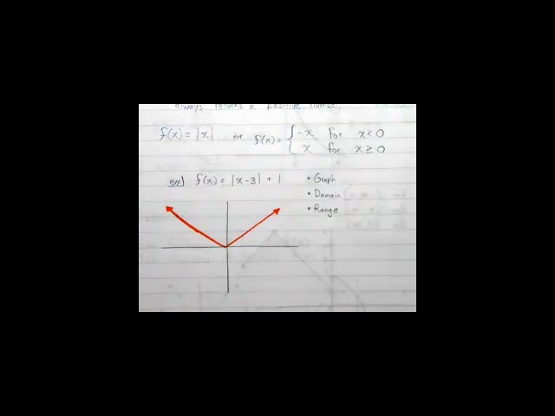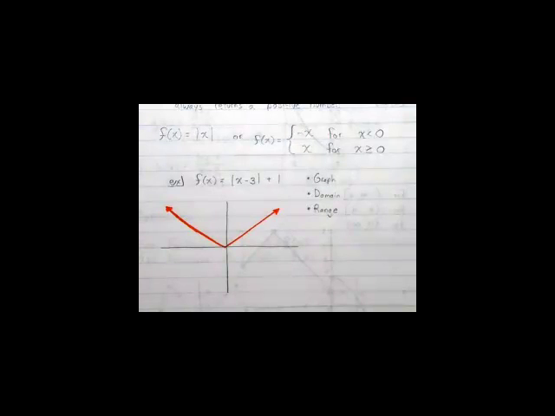So this new one, though, x minus 3 plus 1, like I said, is a transformation of that. So how has that been transformed? Is it a stretch? Is it a shrink? Is it a shift, left, right, up, down? All right, so we have some shifting going on, right?